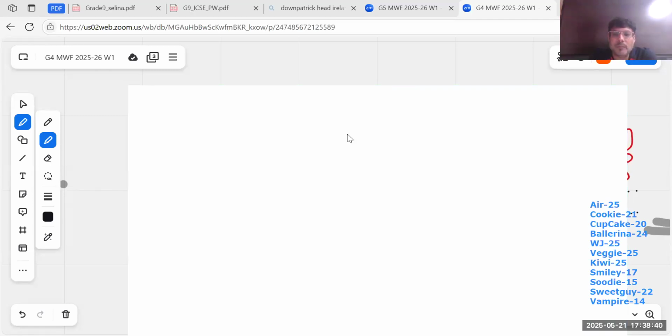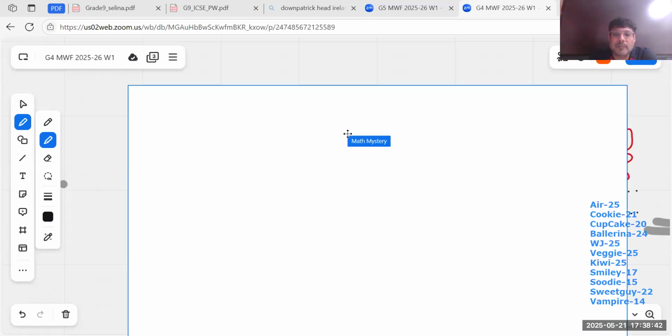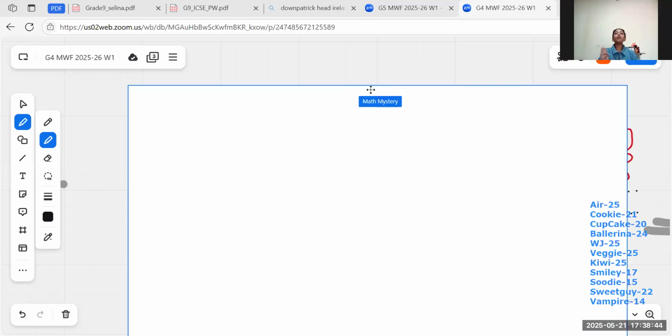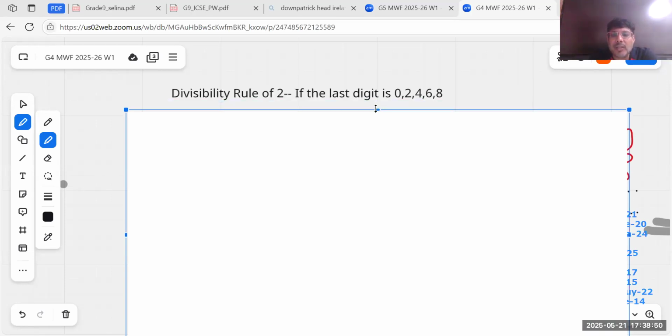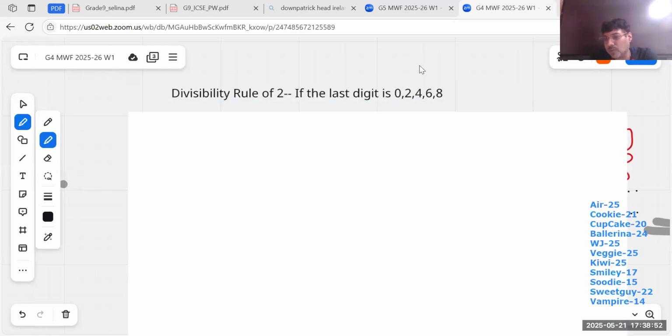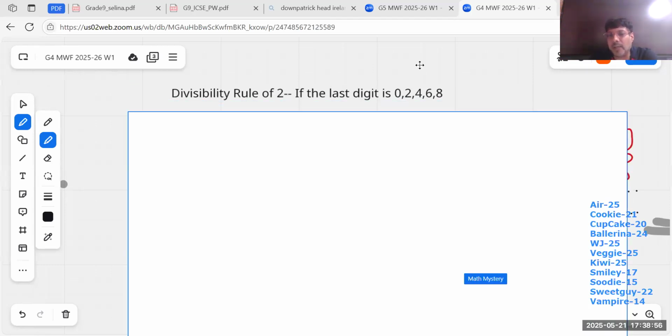Divisibility rule of 2. It is divisible by 0, 4, 8, 6. No beta, if it ends with 0, 2, 4, 6, 8, or the number is even. If the number is even or it ends with 0, 2, 4, 6, 8. Okay.